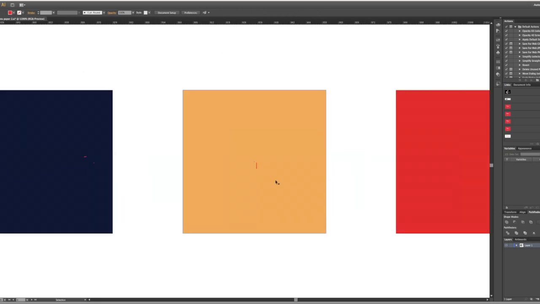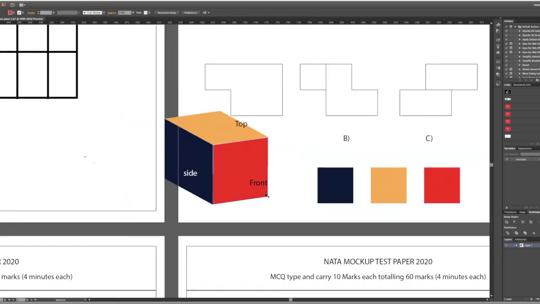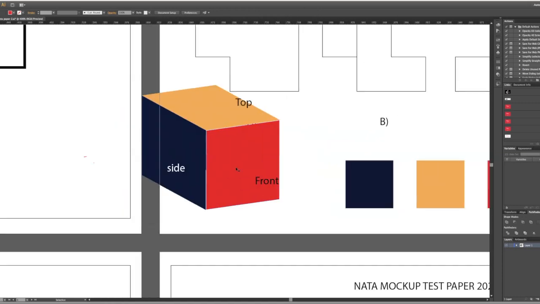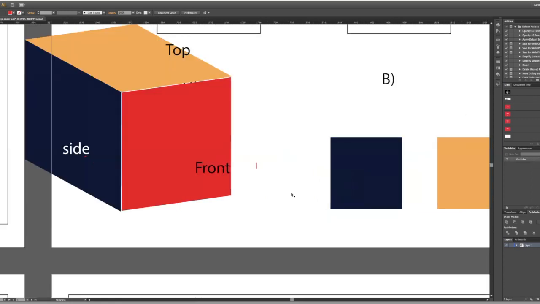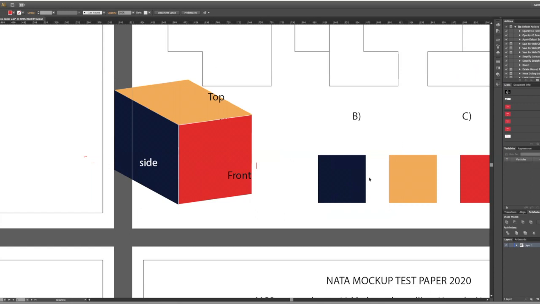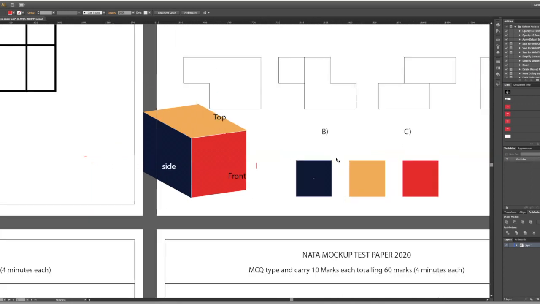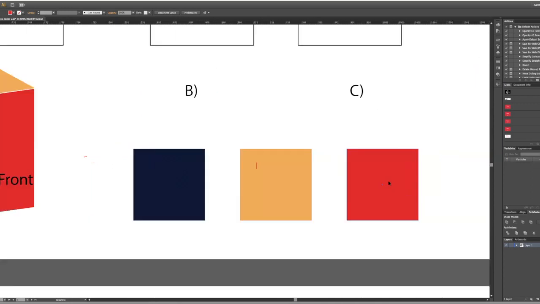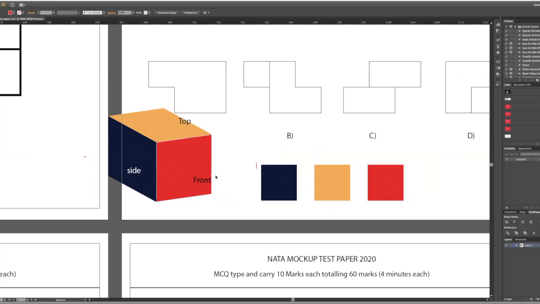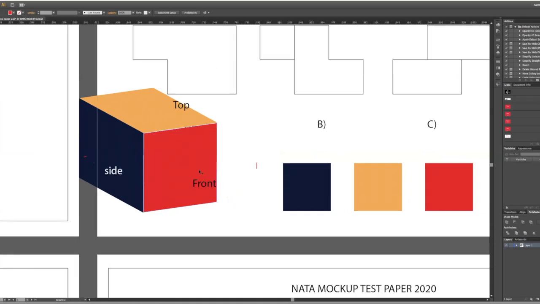Are you guys getting it? Now, this is the side view of it. Same thing. If I look from just the side, I won't be able to see the top view and the front view. So these are the side faces of that particular cube, which is 3. And then we have 3 more surfaces which are hidden right now.